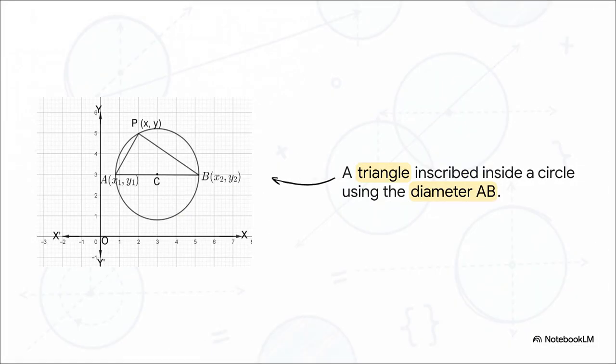But wait, what if we don't know the center point at all? What if we only know the two extreme endpoints of a circle's diameter? Believe it or not, we can actually derive the whole equation using just those endpoints, thanks to a really ancient geometric rule. If you draw a triangle inside a circle using the diameter as the base, the angle reaching up to touch the semicircle is always, without fail, exactly 90 degrees.